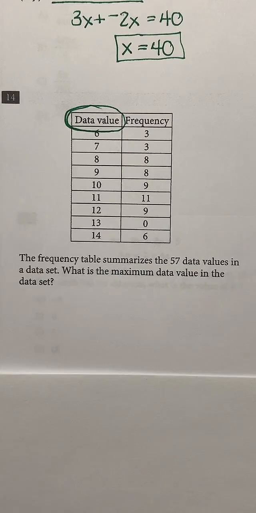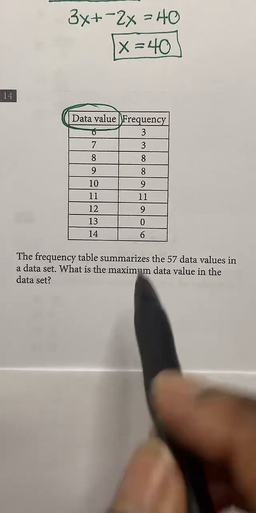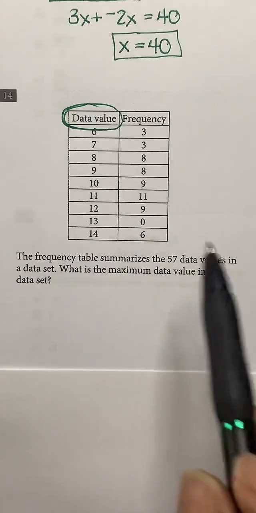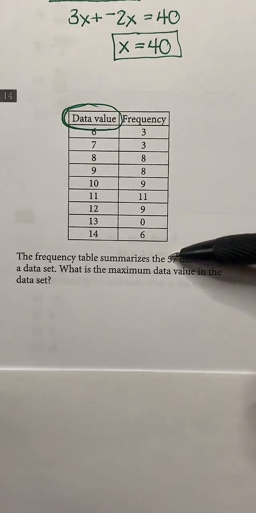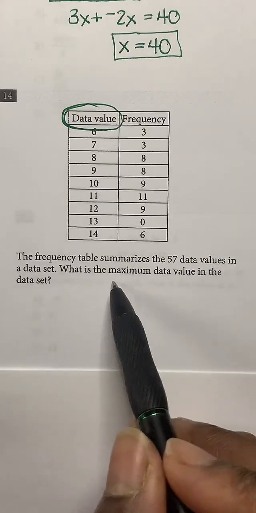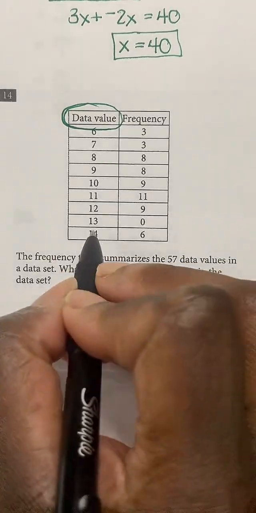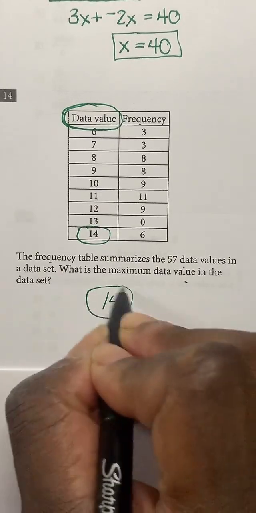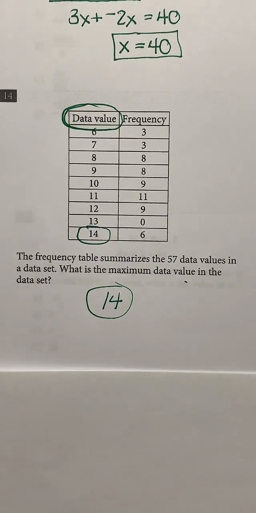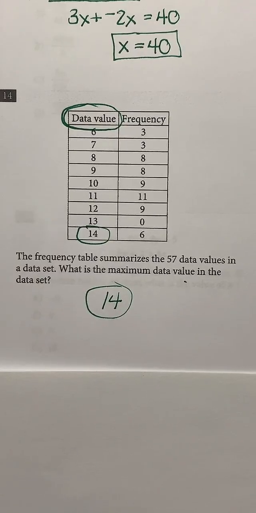The maximum data value in the data set. They're not talking about the maximum numbers, the frequency. No. They're talking about the maximum data value. That's 14. That's it. Okay.